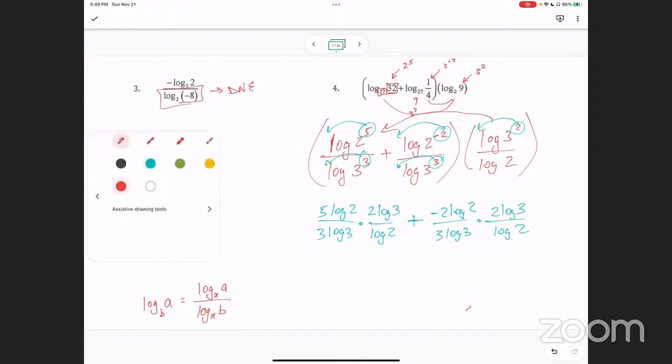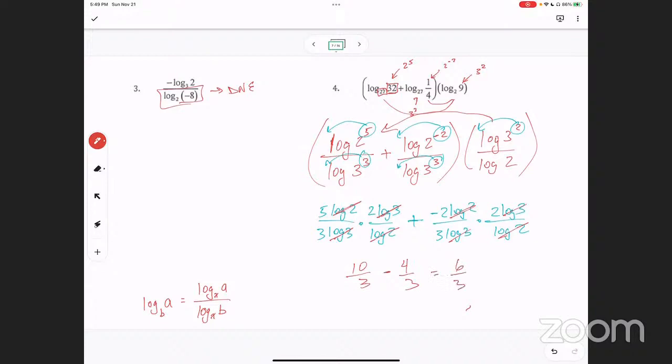And now I can cancel out factors. That and that cancel. This and this cancel. So I just get 10 thirds minus 4 thirds, which equals 6 thirds, which equals 2. The whole thing just equaled 2.